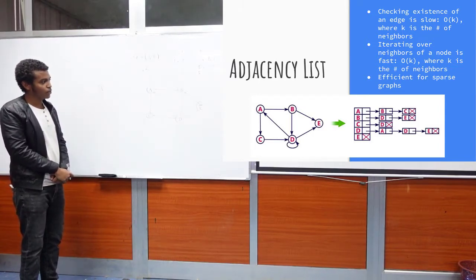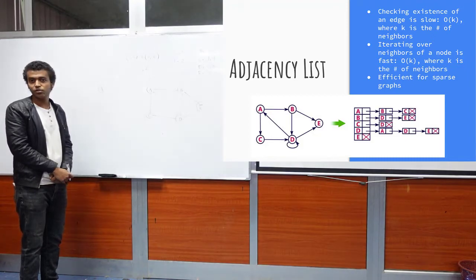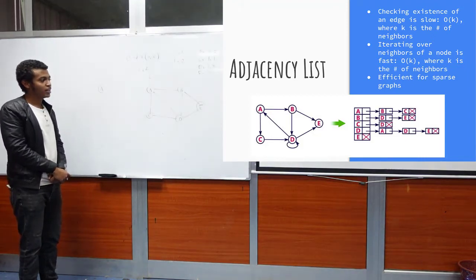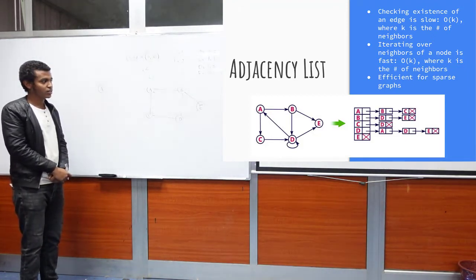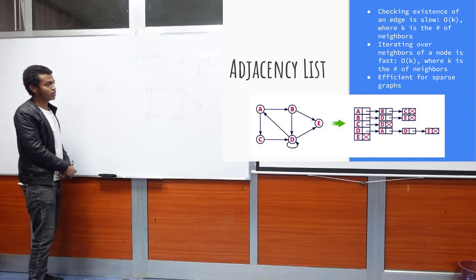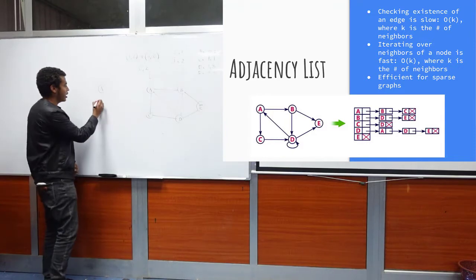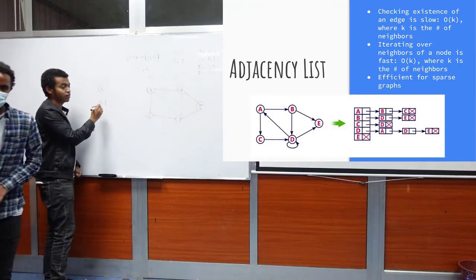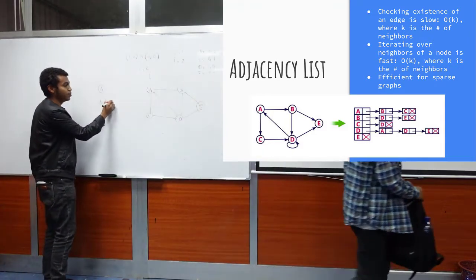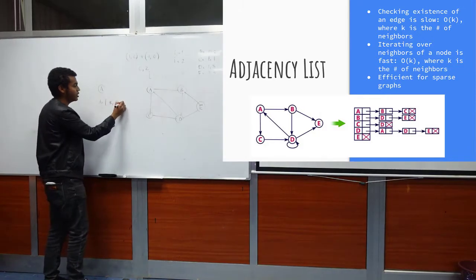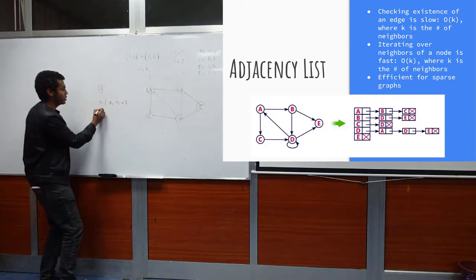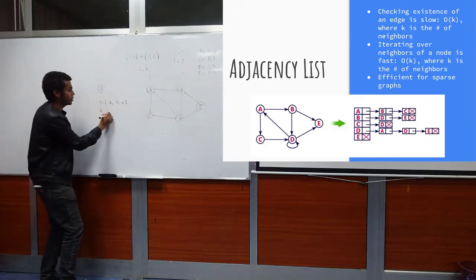First we have to represent the graph in some form, right? So let's pick adjacency list for this. Just like we did earlier, A's neighbors are B, D, and C, and then B's.